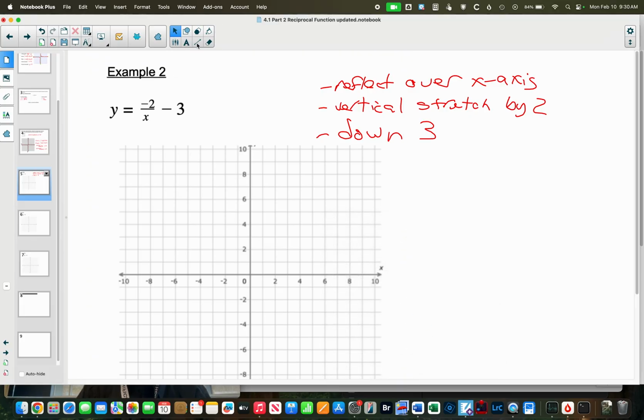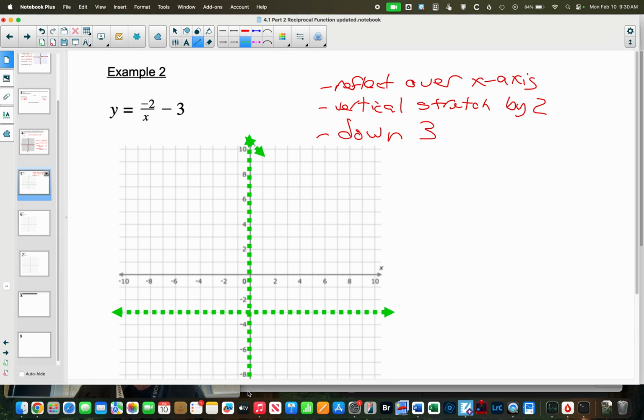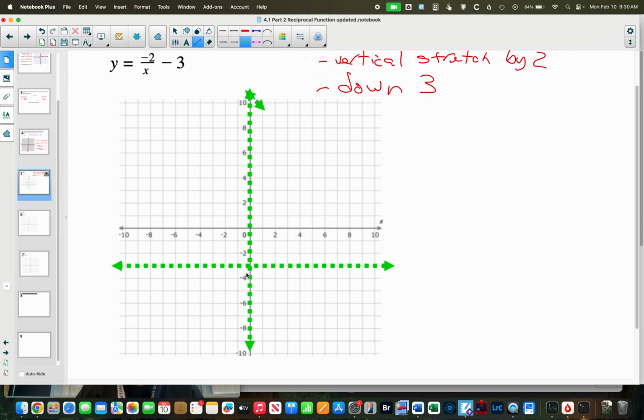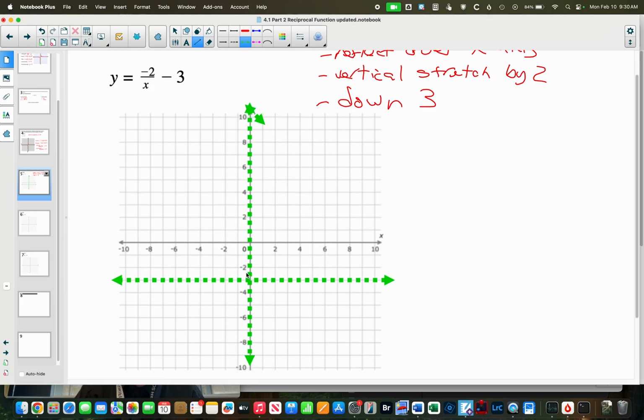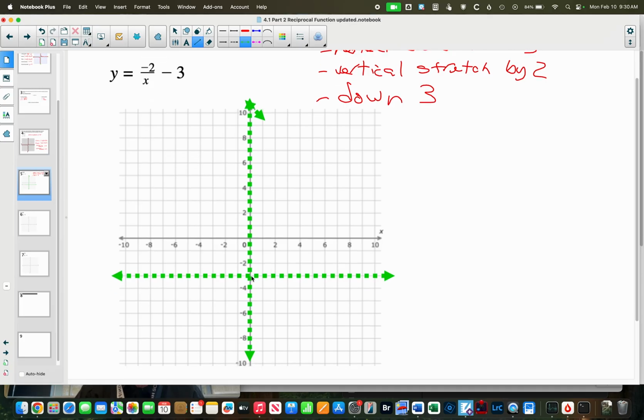So we're going to do a vertical asymptote at -3, and draw that. The horizontal asymptote is still going to be at 0 because we did not move it left or right. So that's still going to be at 0. Think of this point right here as being like your origin.